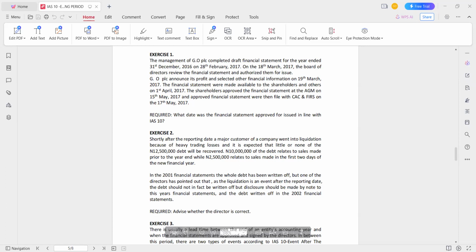In the 2001 financial statement, the old debt has been written off, but one of the directors has pointed out that as the liquidation is an event after the reporting date, the debt should not in fact be written off, but disclosure should be made by notes to this year's financial statement, and the debt written off in the 2002 financial statement. Advise whether the director is correct.